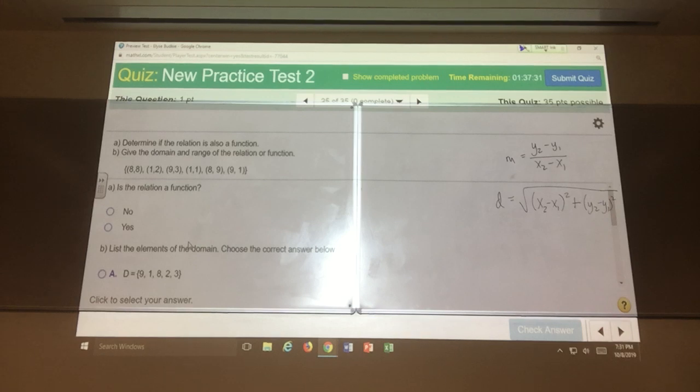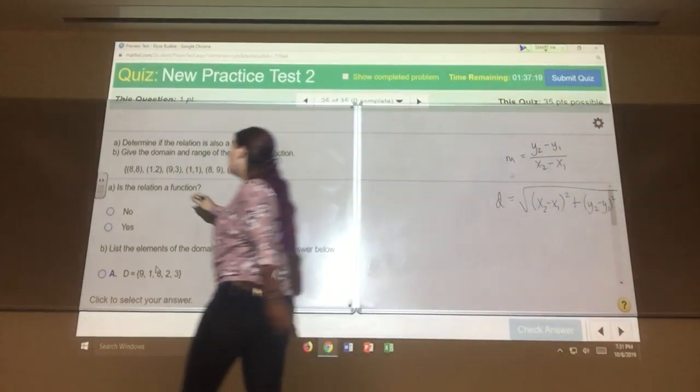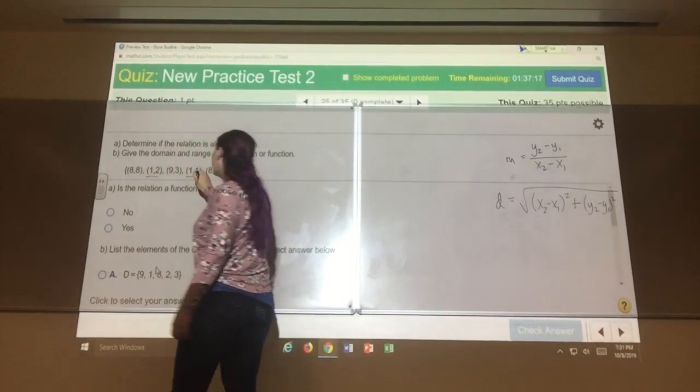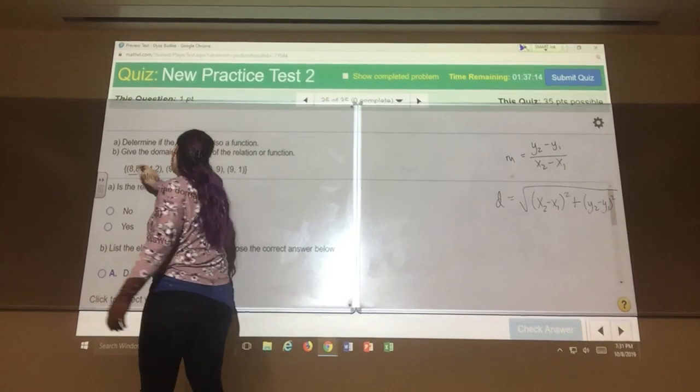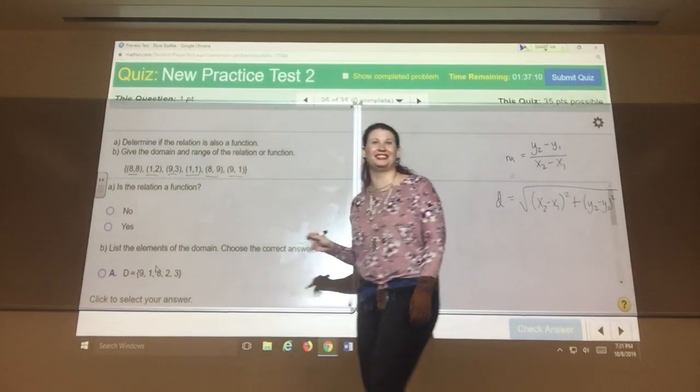So, is this a function? How do we tell? We look at the x's to see if there's any that repeat. Yeah, exactly. So, we should notice we have two 8s, two 1s, and a 9 and a 9. So, definitely not.